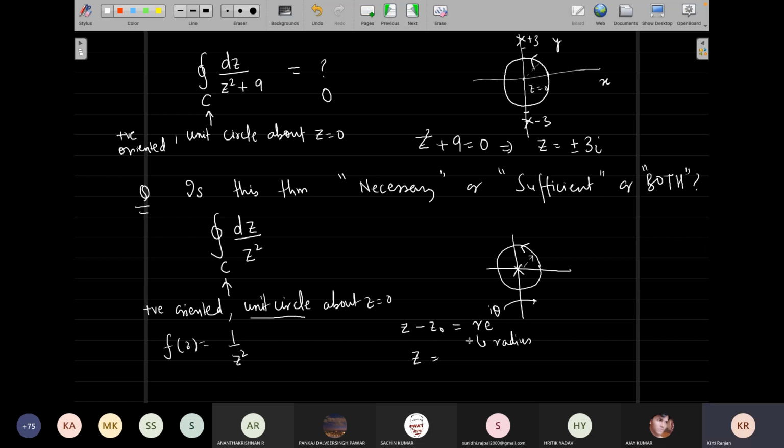One. So we have z equal to e^(i theta), where theta goes from 0 to 2 pi, traversing the first, second, third and fourth quadrants.